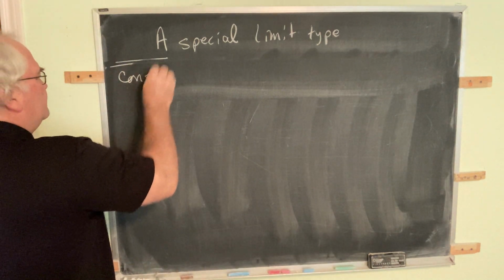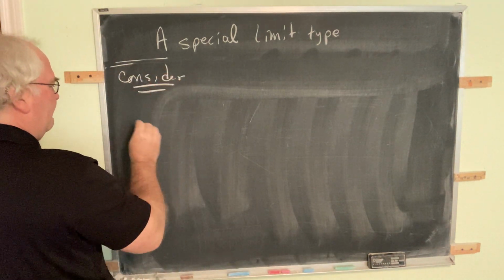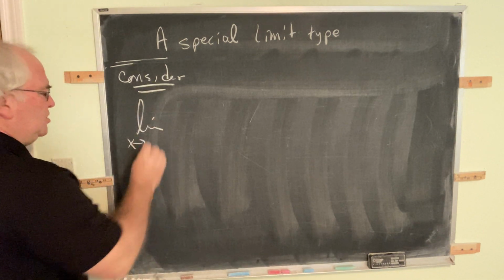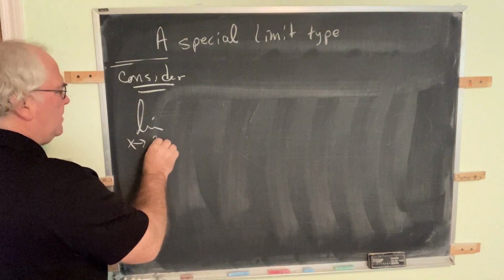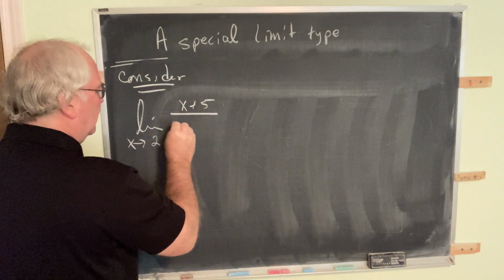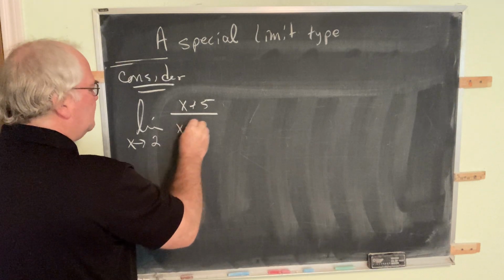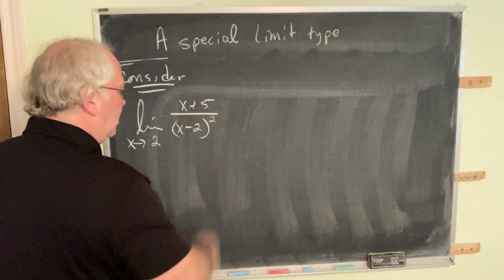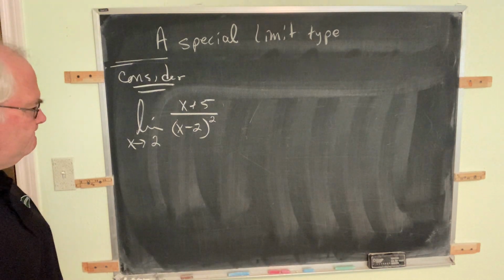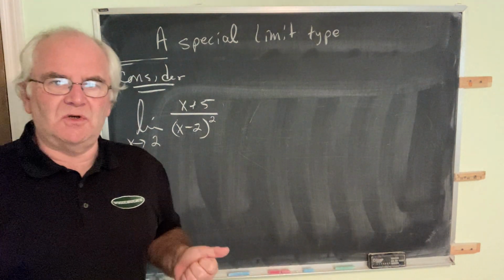So consider the limit as x approaches, let's say 2, of the function (x plus 5) over (x minus 2) quantity squared. All right? What's always the first thing you try?